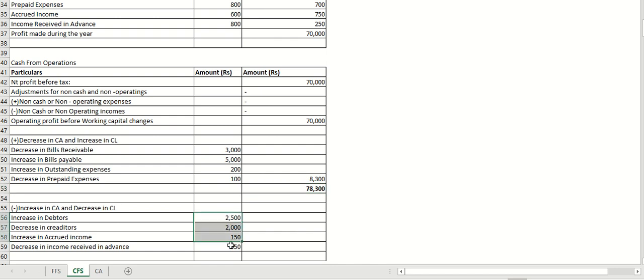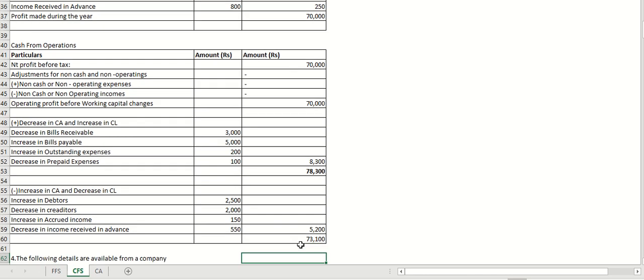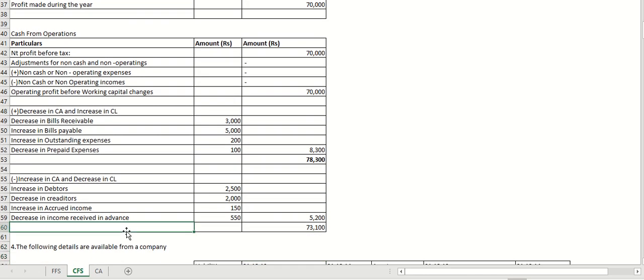Now let's minus all this. So the answer is 73,100. This is nothing but cash from operating activity.